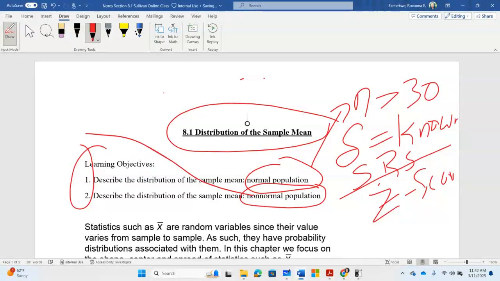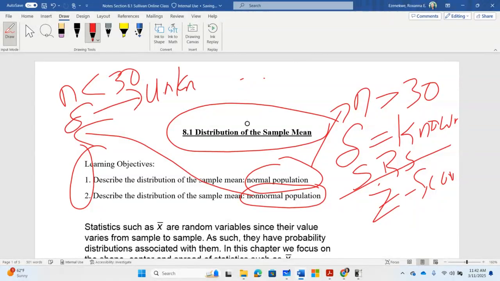When it's a non-normal population, we know that sample size may actually be less than 30, and population standard deviation is unknown. And actually, the sample may be from a normal population too.